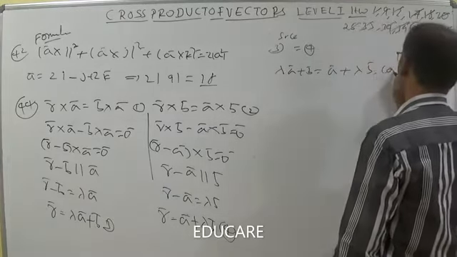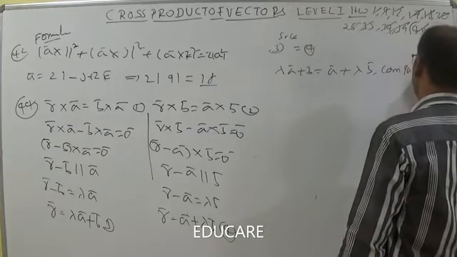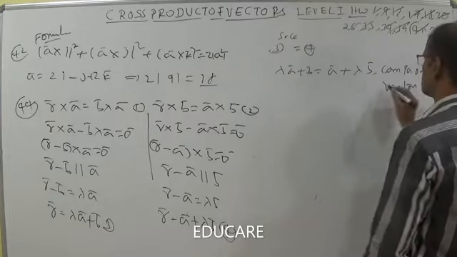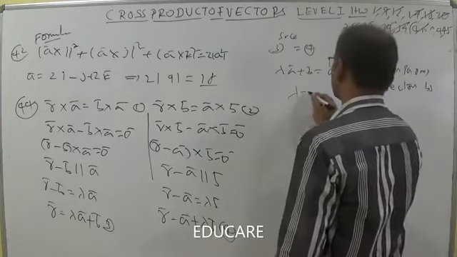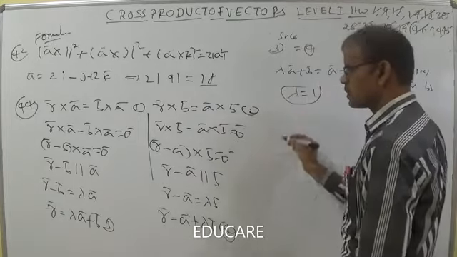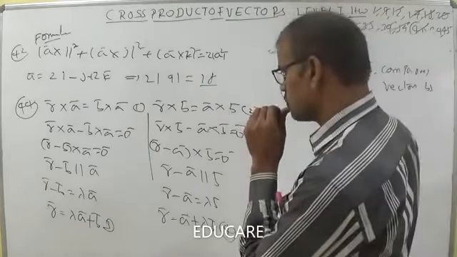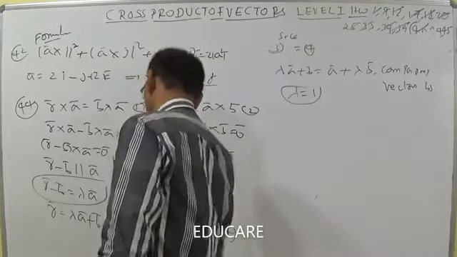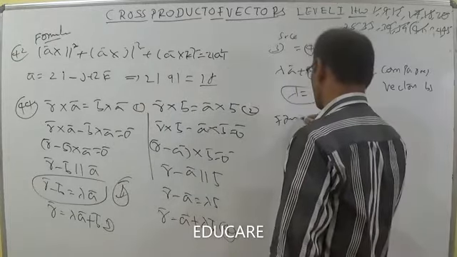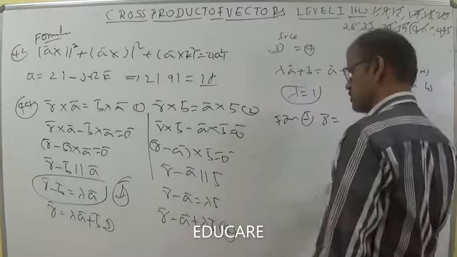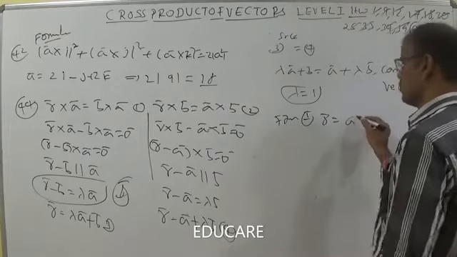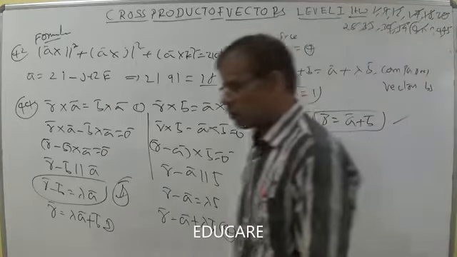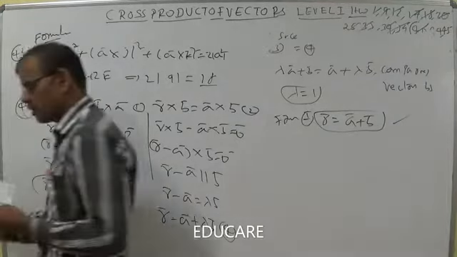Now comparing vectors both sides, lambda is equal to 1. If you substitute lambda equal to 1, from Roman number 1 you can write R bar is equal to A bar plus B bar. So A bar plus B bar is the point of intersection of the given two lines.